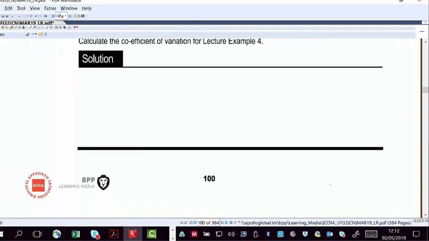Okay, let's carry on with the information from lecture example 4, which was bringing forward all the information on mileage. So we worked out that the standard deviation was 2,727, if we say it just rounded, and the mean was 9,347.5.